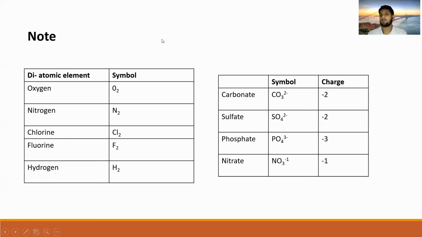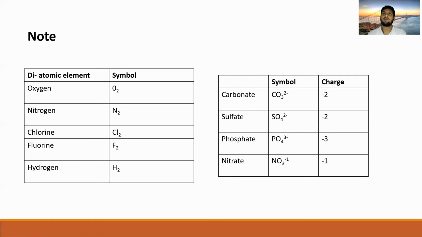But when we include them in reactions, you cannot just include the symbol. You have to always put a 2. See, we have always put a 2 here. Why do we put a 2? Because they are called diatomic elements.